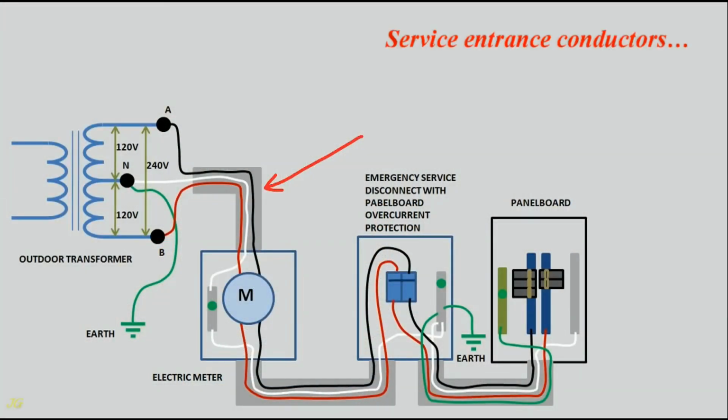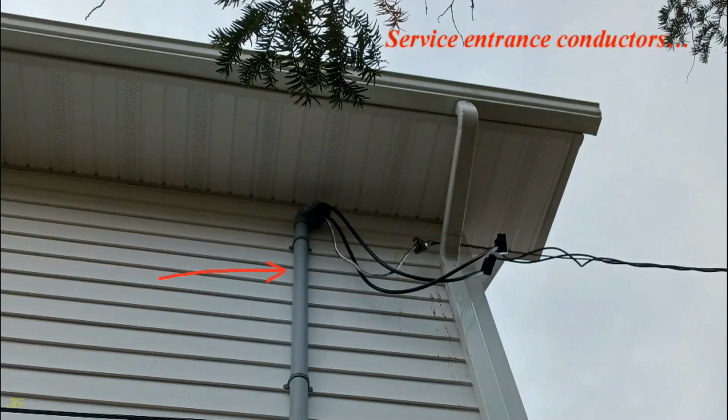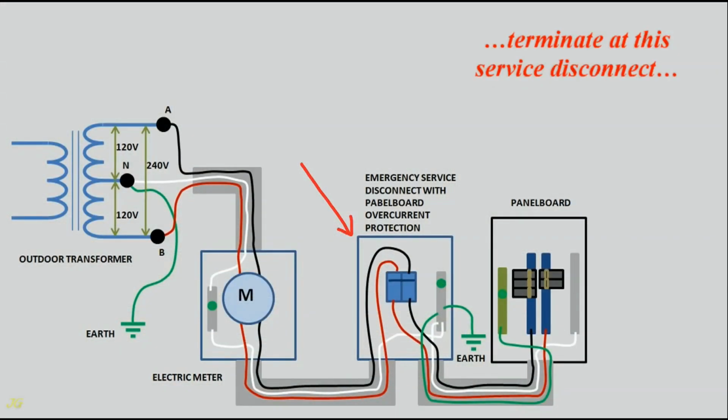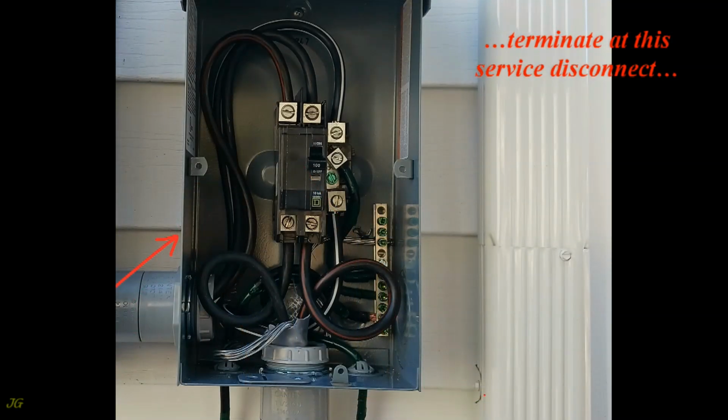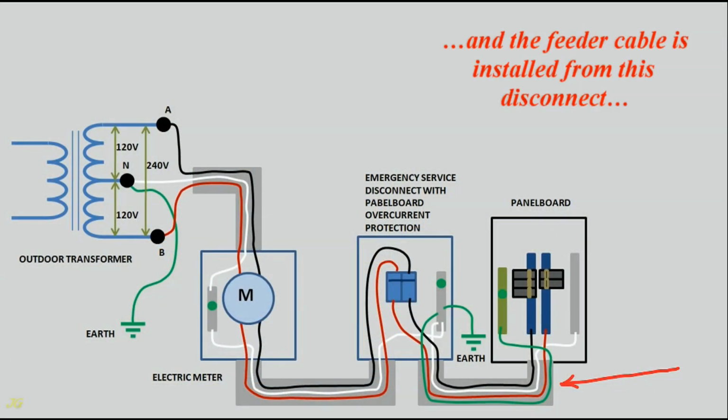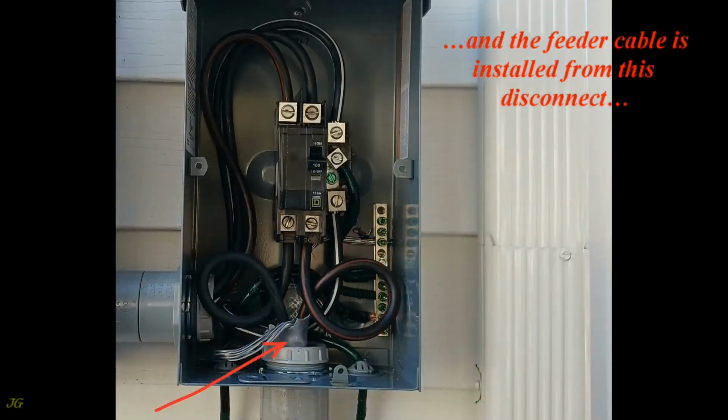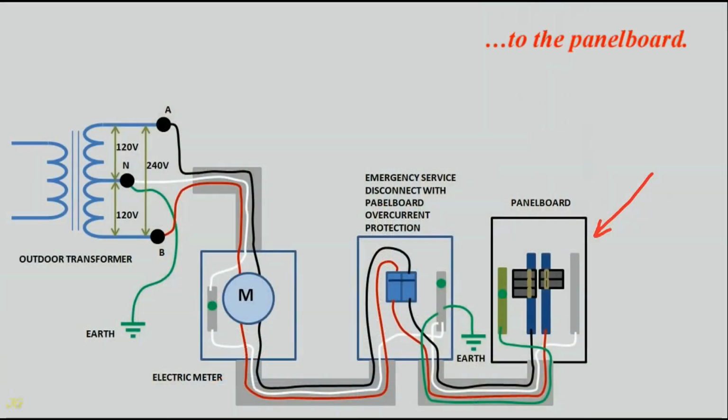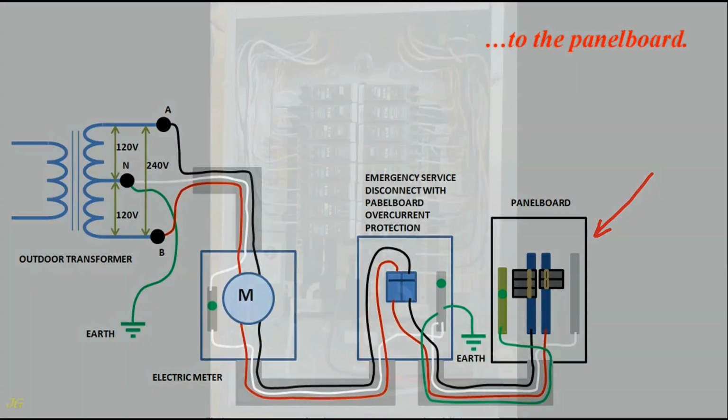Service entrance conductors terminate at this service disconnect, and the feeder cable is installed from this disconnect to the panel board.